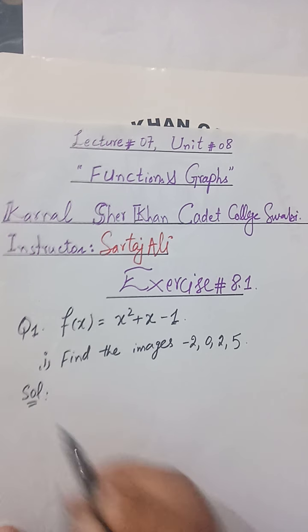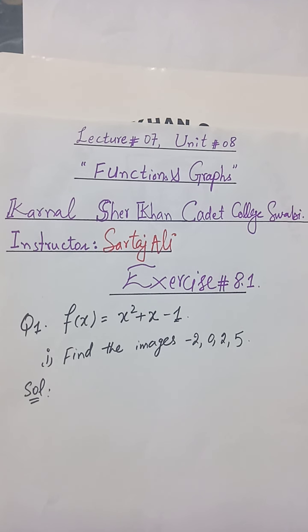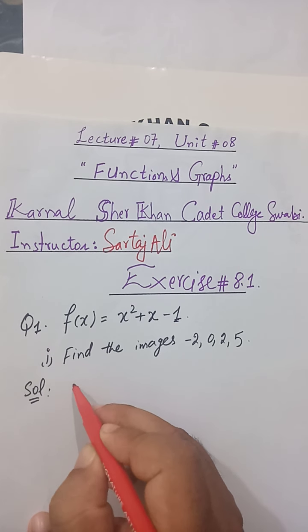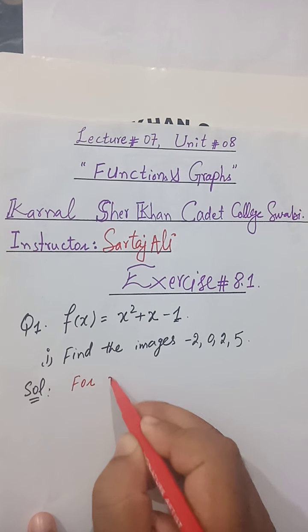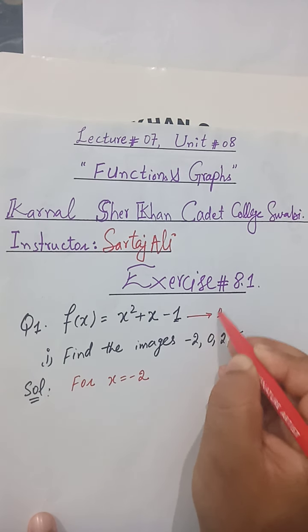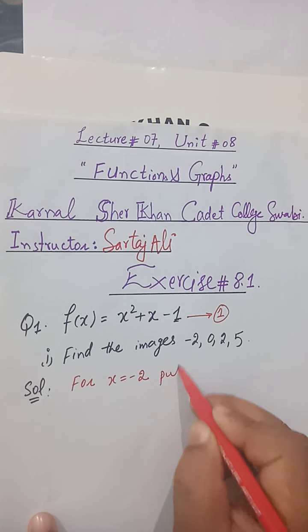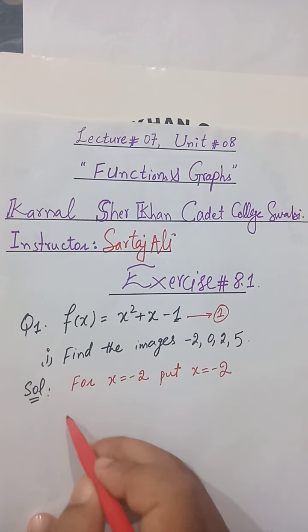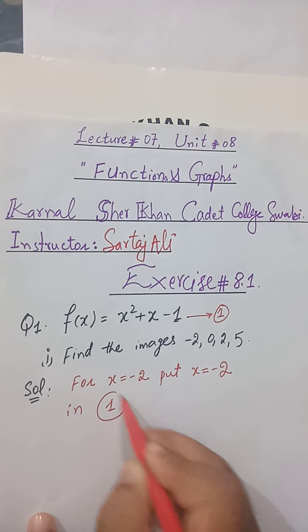In the solution, for x is equal to -2, let's say this is equation 1, put x is equal to -2 in equation 1.